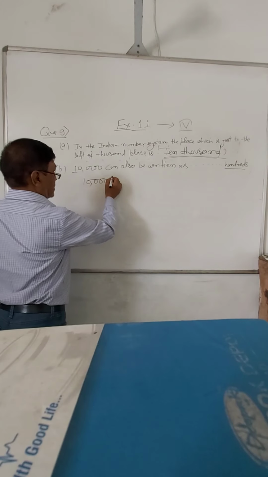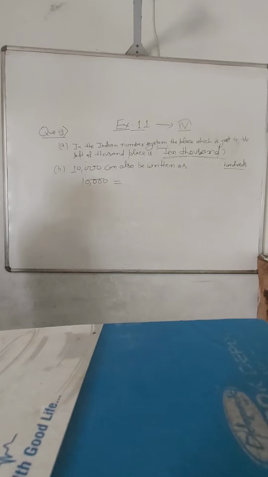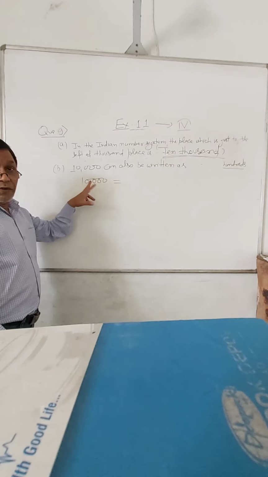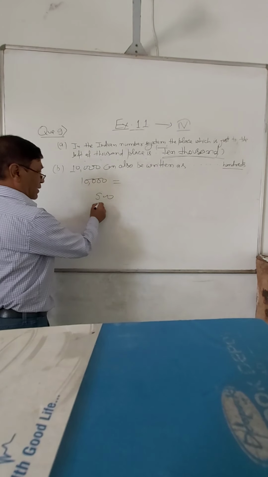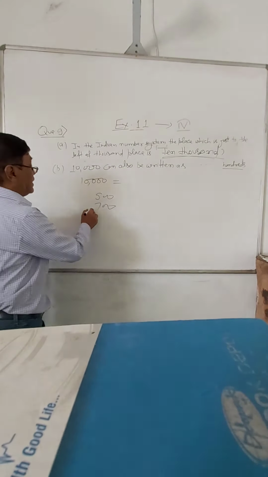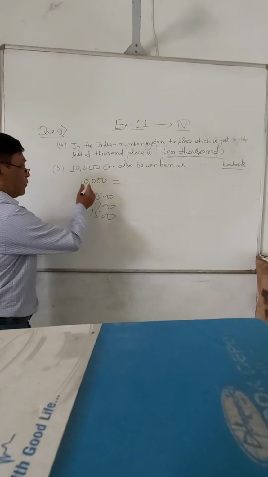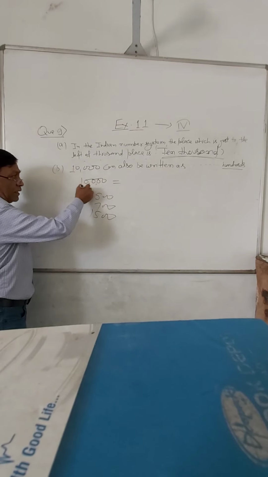In 100, you know how many zeros come? 2 zeros. If you write 500, after 5 write 2 zeros. 700, 7 and 2 zeros. 1500, 15 and 2 zeros. So this way, if you put the comma after 2 zeros, which number is coming here? 100.